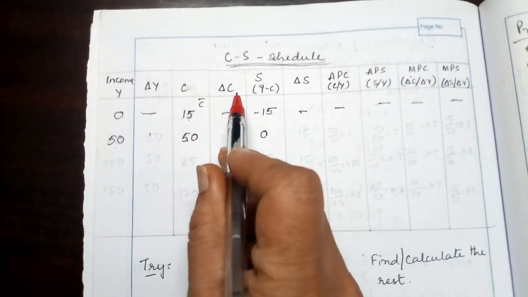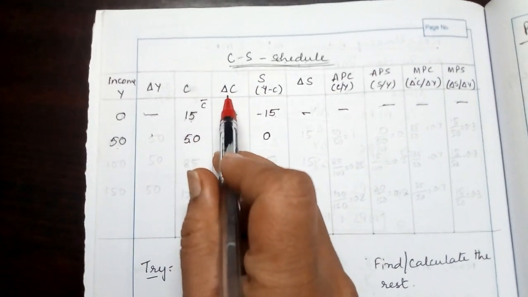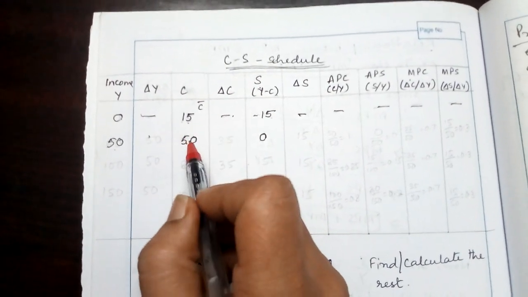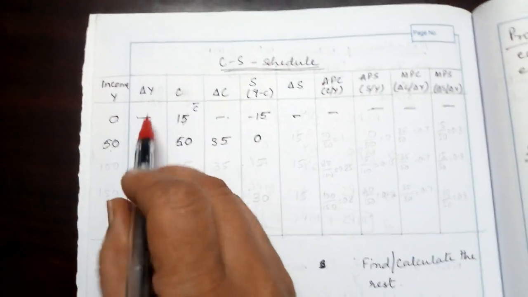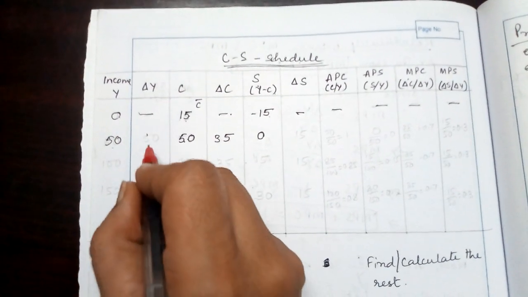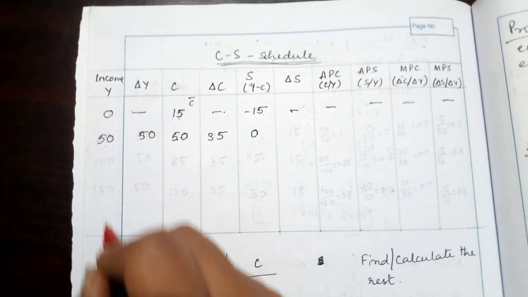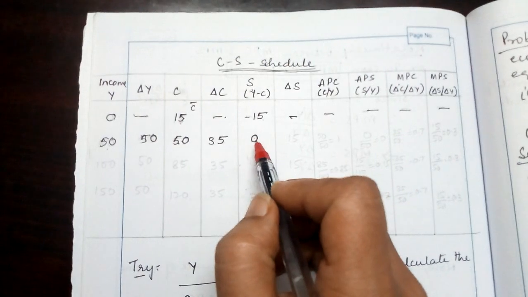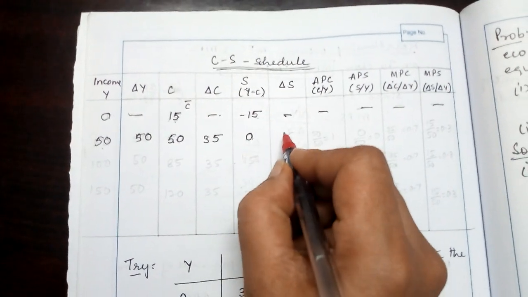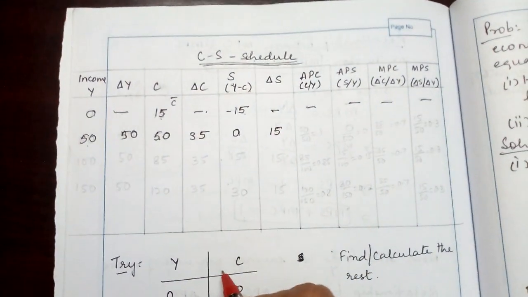So now what is a change in income? Change in consumption, 50 minus 15, which is equal to 35. And change in income will be 50 minus 0 equal to 50. Now what is change in saving? 0 minus 15, which is equal to 15 units.